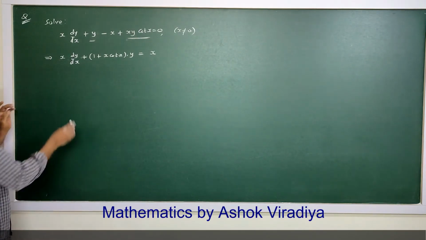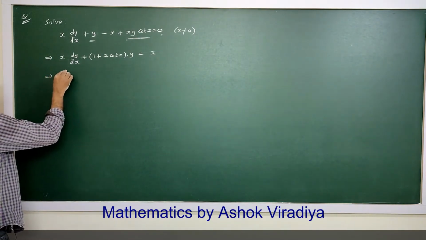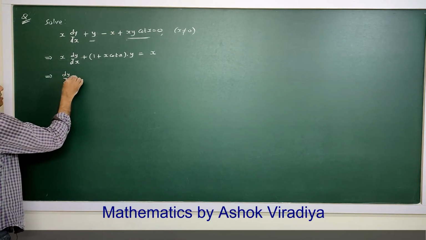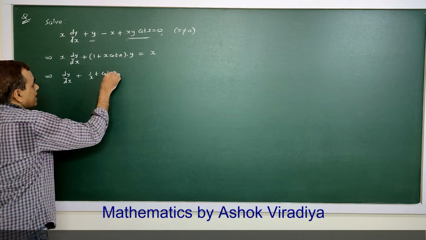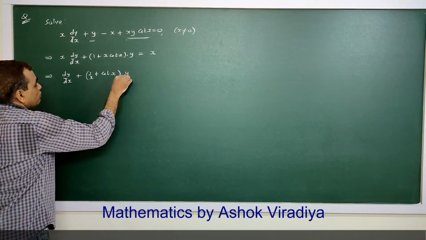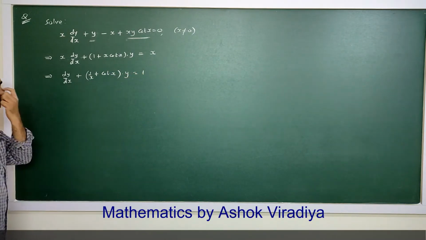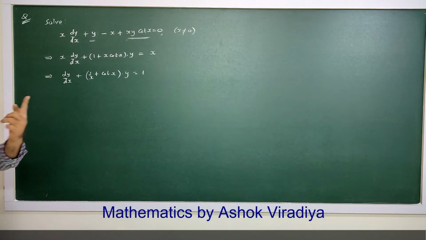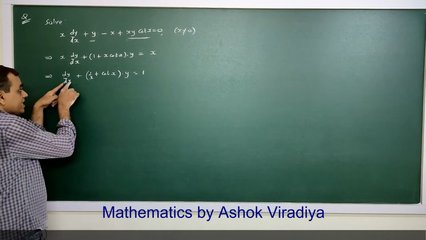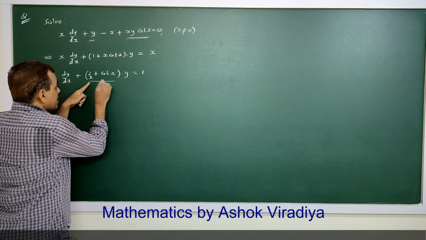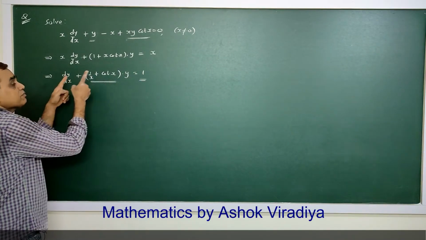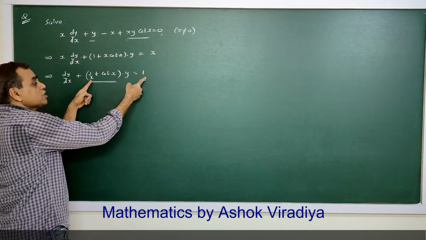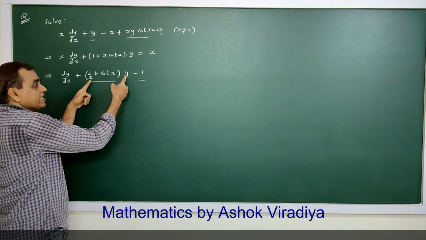Now dividing this equation by x, it is 1 upon x plus cot x into y equal to 1. And now you can see that this is dy by dx plus p into y is q, only y.